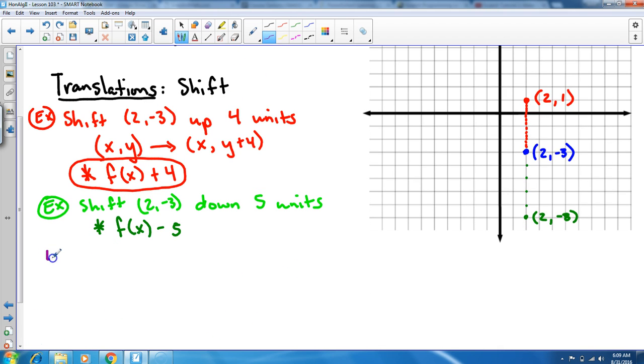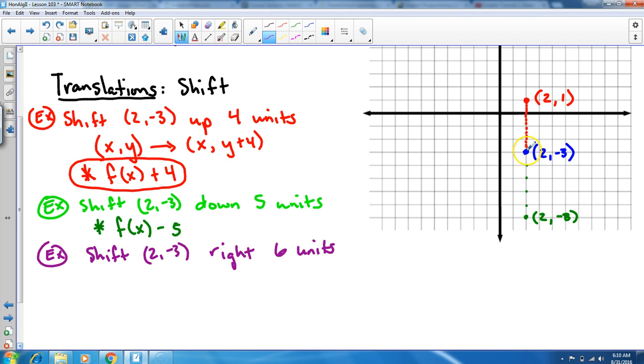Okay, so the next translation we want to look at is, how do I shift or translate this particular point (2, -3) left and right? So let's start with shifting it to the right. Let's go 6 units to the right.